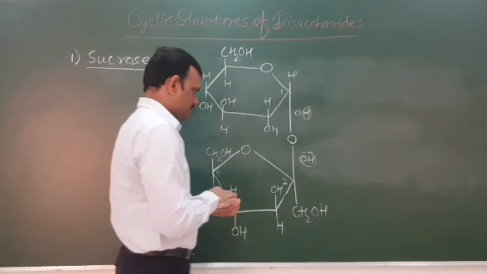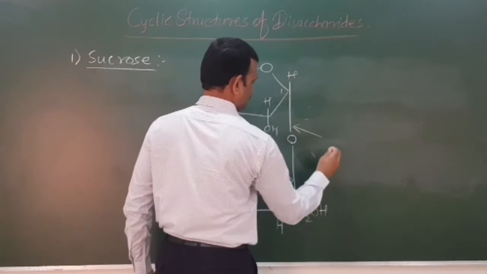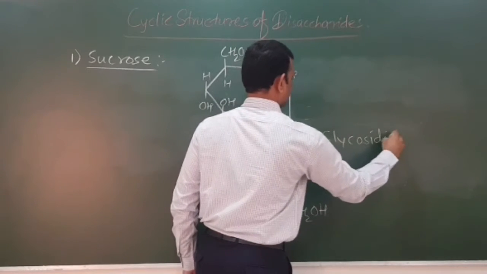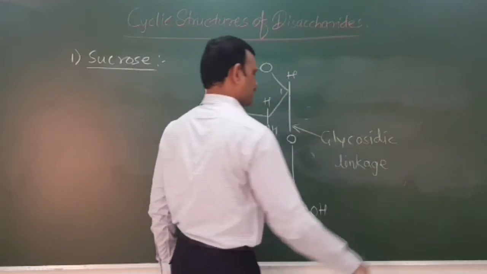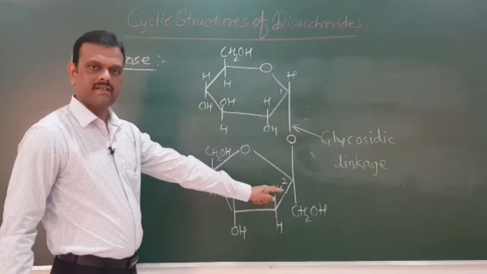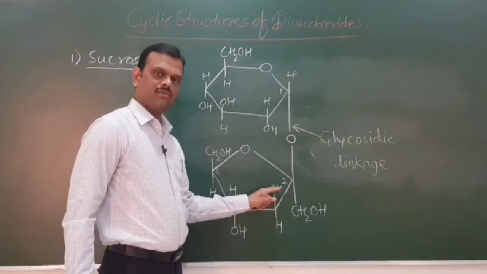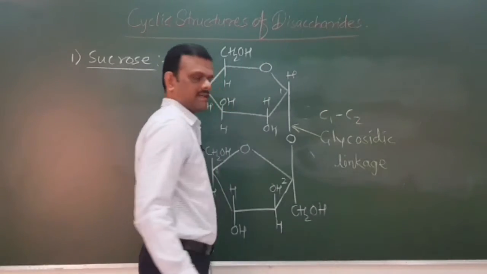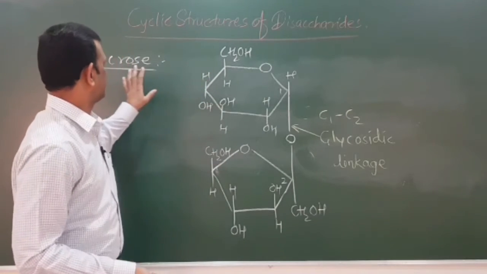This linkage is called a glycosidic linkage. As it is attached to C1 and C2, you can say it is a C1 C2 glycosidic linkage. Okay, this is the structure of sucrose.